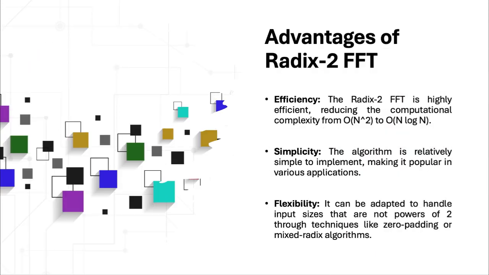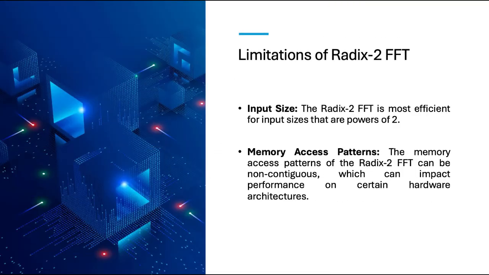The radix 2 FFT is highly efficient, reducing computational complexity, and its relative simplicity in implementation contributes to its popularity across various applications. Moreover, it offers flexibility in accommodating input sizes that are not powers of 2 through techniques such as zero padding or mixed radix algorithms.